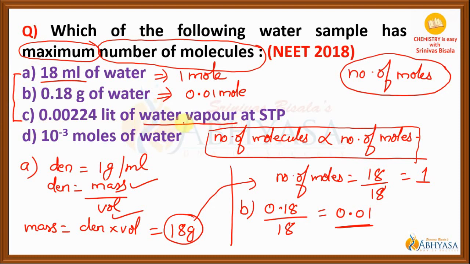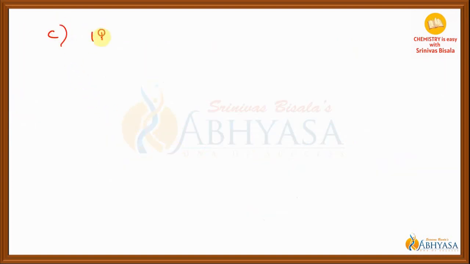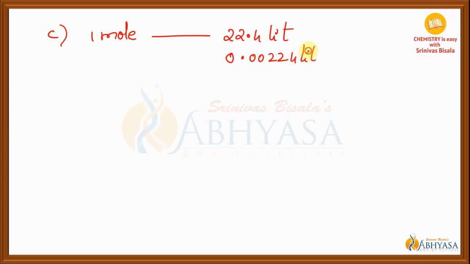Water is present in the gaseous state. So we know that 1 mole of any gas, it may be water vapor or any gas, at STP occupies 22.4 liters, isn't it? Now it is given as 0.00224 liter. So we need to find out how many moles are there.